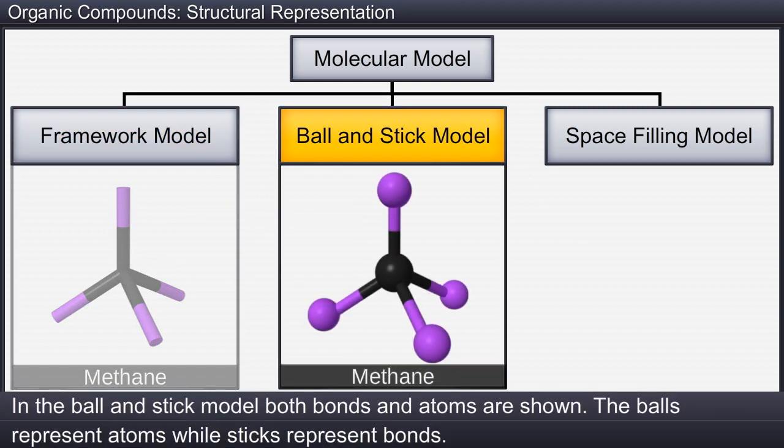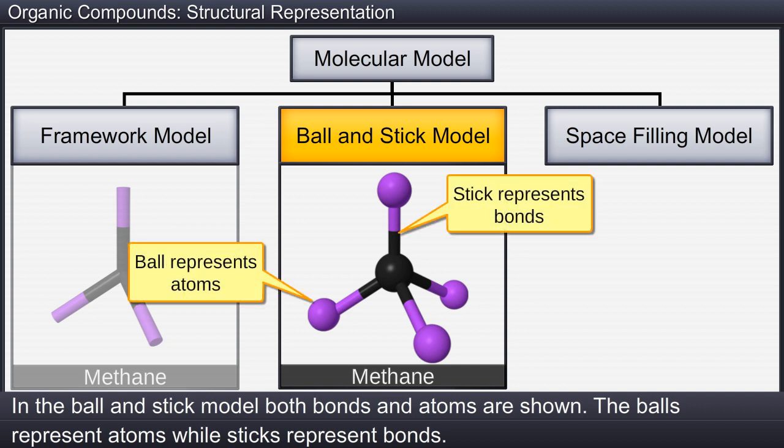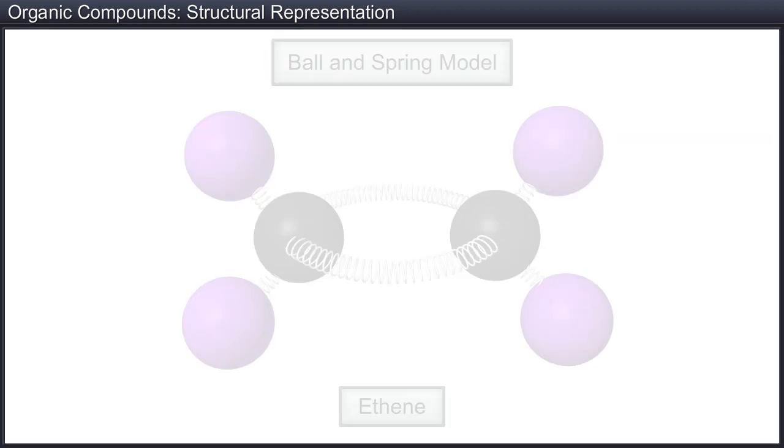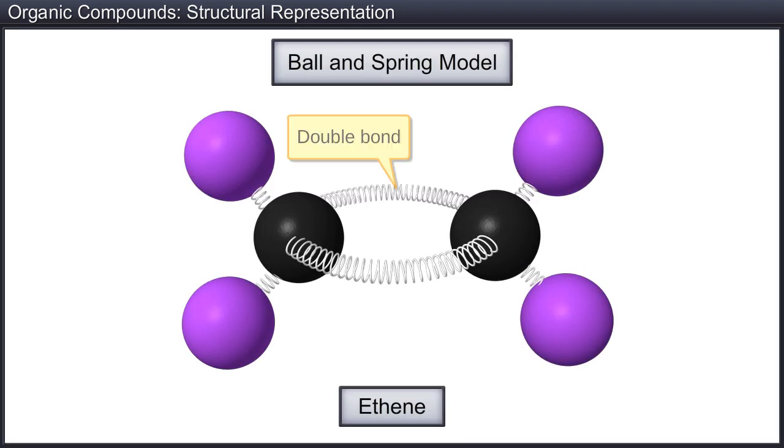In the ball and stick model, both bonds and atoms are shown. The balls represent atoms while sticks represent bonds. Compounds containing a double bond, as in ethene, are represented in a different way. In place of a stick, a spring is used to represent the double bond.